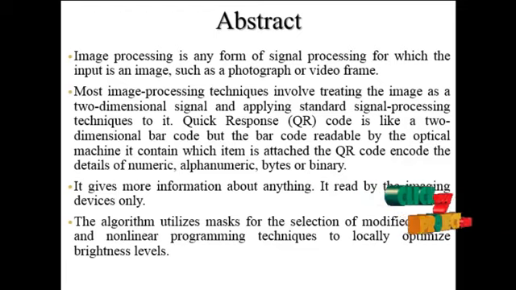The algorithm utilizes a mask for the selection of modified pixels and non-linear programming techniques to locally optimize brightness level. We propose a color barcode framework for mobile phone applications by exploiting the spectral diversity afforded by the cyan, magenta and yellow colored channels commonly used for color printing, and the complementary red, green and blue channels respectively used for capturing color images.